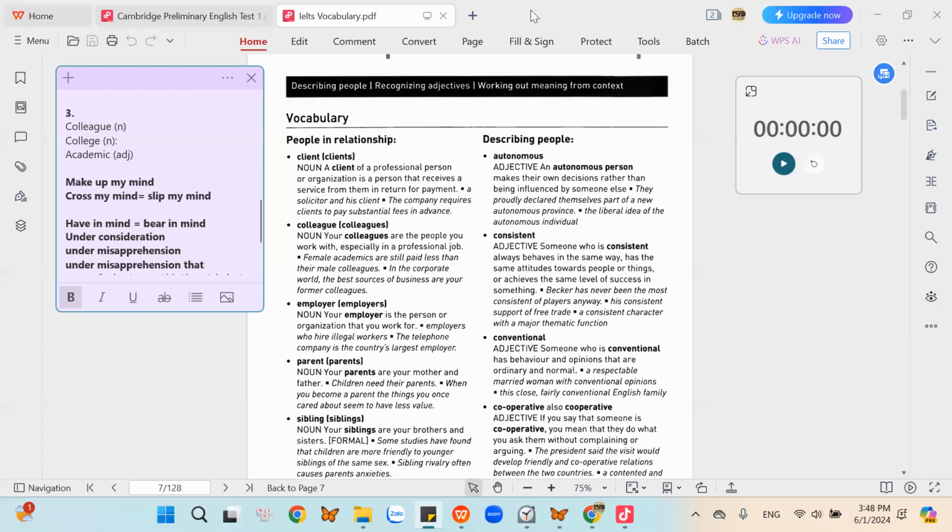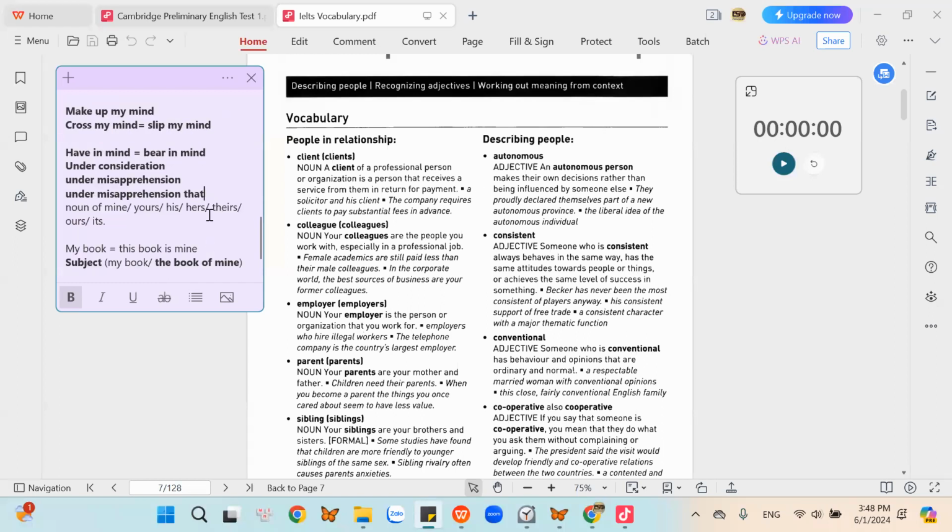So this is my situation. Here is my situation. I have a concept in mind today. A new way of studying is under consideration, because these days I have been bearing new ideas of business in mind.